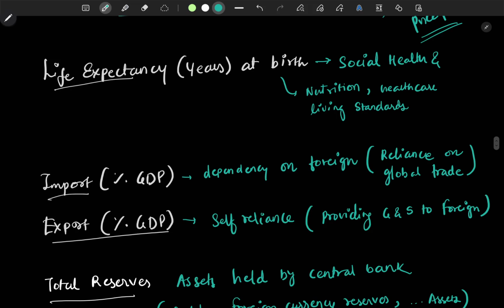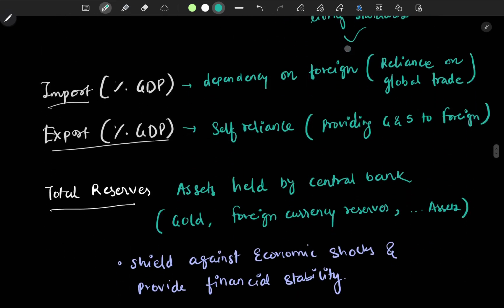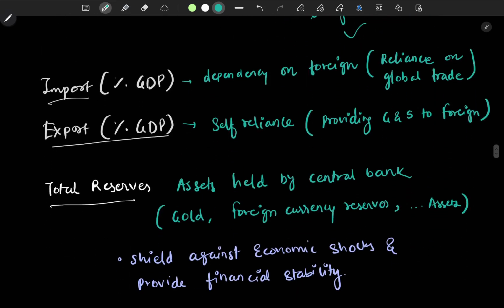Life expectancy at birth: when you are born, what life is expected of you based on the average. It depends on social health and also indicates nutrition, healthcare and living standards. Imports as a percentage of GDP show dependency on foreign goods and services.